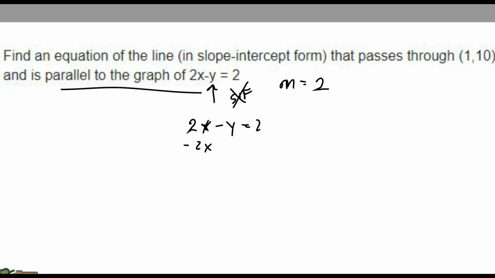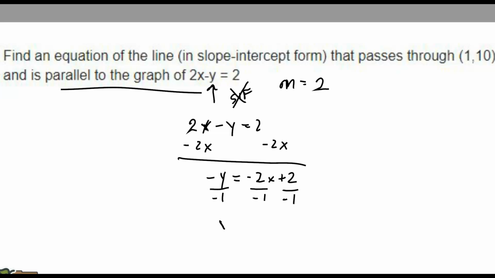It certainly does not always work out that way. And when I say check, I mean get it in slope-intercept form, so you can see the slope nice and easy. So again, in this case, it happens to be that the number in front of x was the slope, but that certainly does not always work out.